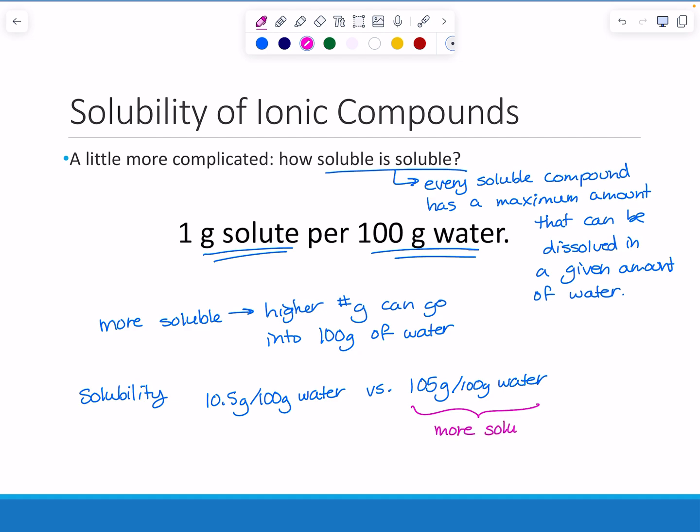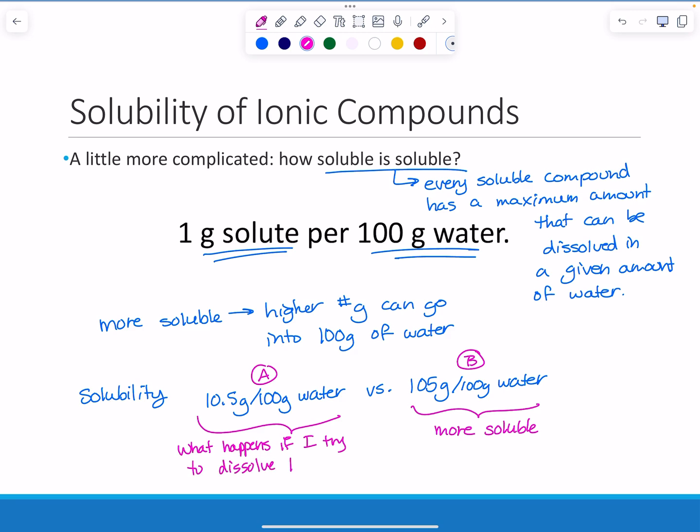Now, what do you think happens if I try to dissolve 12 grams in water? We'll call these compounds A and B. What do you think is going to happen?